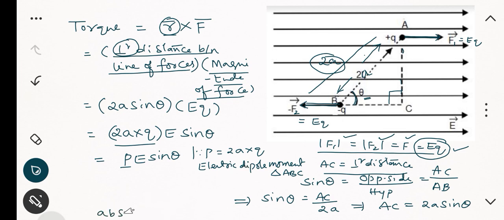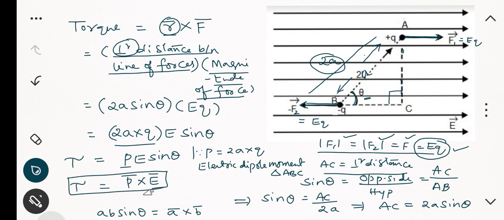Here P E sin theta is similar to AB sin theta, which can be expressed as A bar cross B bar. So we can write this torque expression as P bar cross E bar, which is similar to A bar cross B bar, equal to AB sin theta.